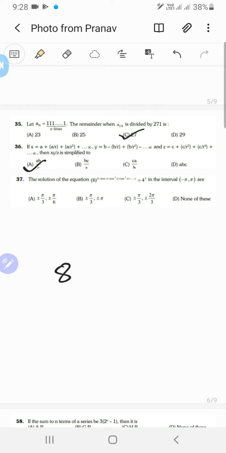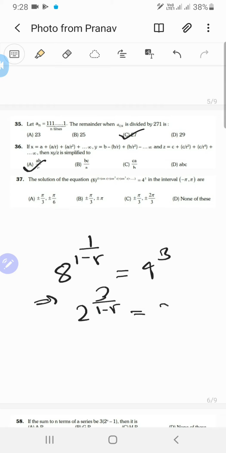Okay, so 8 and then 1 over 1 minus r equals 4 to the third power. 2 to the 3 upon 1 minus r is equal to, oh yeah, obviously 2 to the 6th power. We did it wrong completely. 1 upon 1 minus r is equal to 2. So 1 minus r equals 1 by 2.